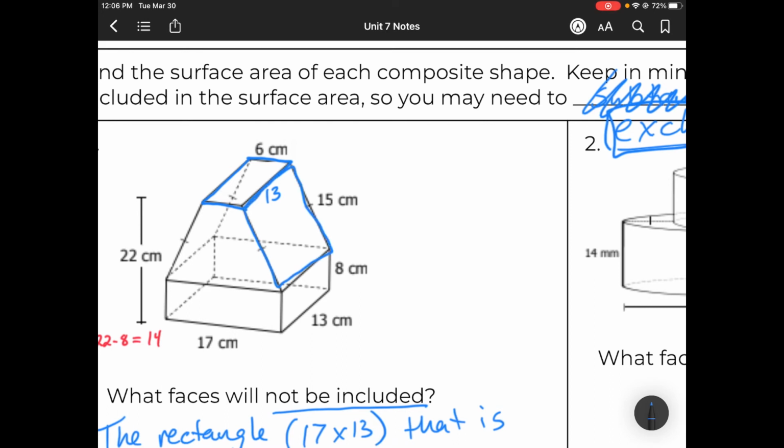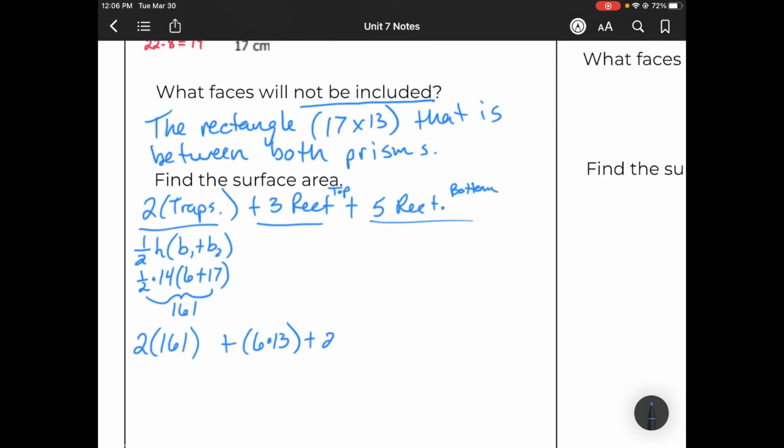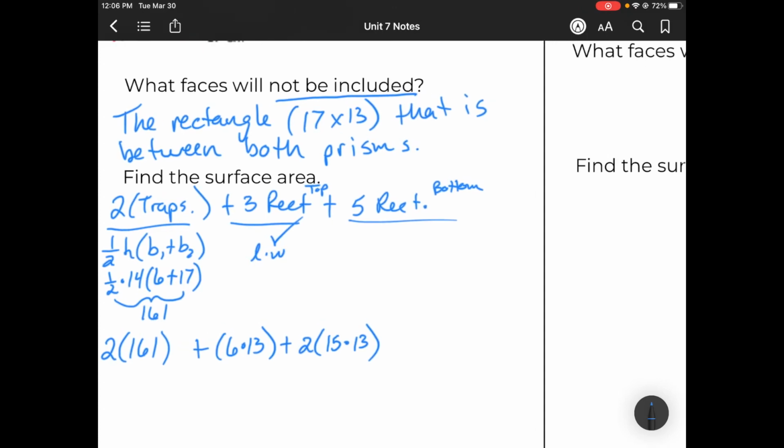The left and right sides up here at the top are each 15 by 13s, on that side and this side. So I've got 2 of the same one, so I'm going to just double that up. I've got 2 rectangles that have dimensions of 15 and 13. So that takes care of the entire top portion. Length times width, remember, is how I'm finding each of those.